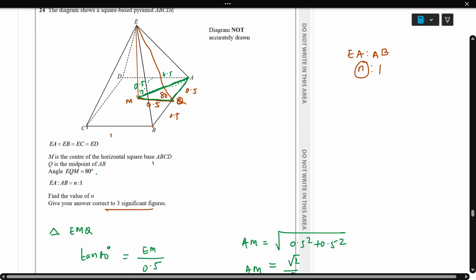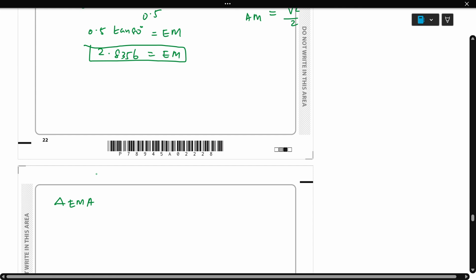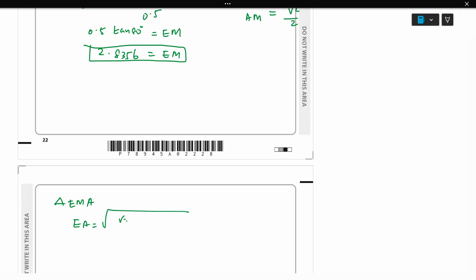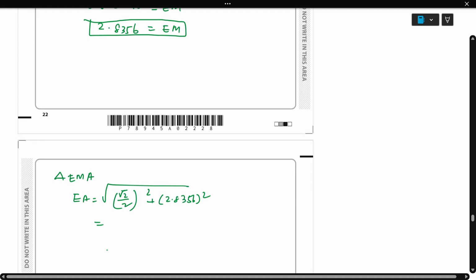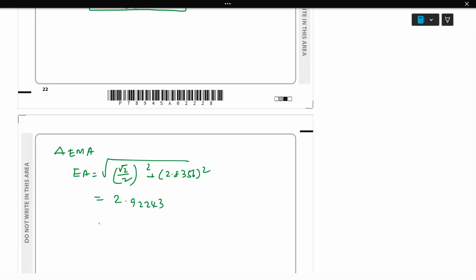We know EA equal to the square root of, one side root 2 by 2 whole squared plus 2.8356 whole squared. Use the calculator to get the value. We'll get the answer 2.92243.